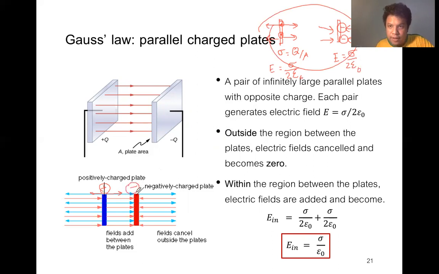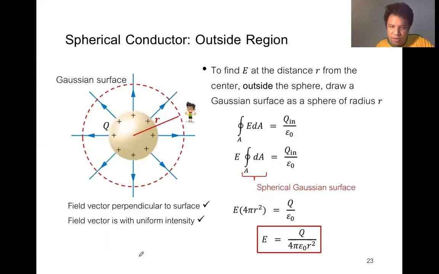When we place the negatively charged plate 2, we can see that for the region between the plates, the electric field from the first plate goes to the right, and the electric field from the negatively charged plate is also going to the right. So we have the field composed of E from the positive charge and another E from the negative charge.